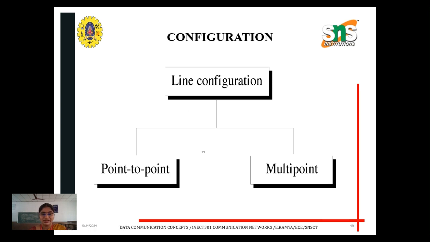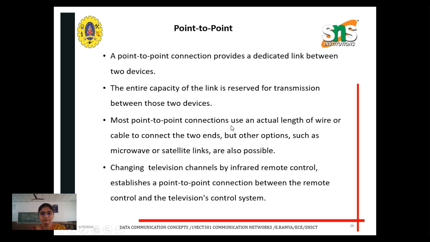Next, line configuration. We have point-to-point communication and multipoint communication. Point-to-point communication provides a dedicated link between two devices. The entire capacity of the link is reserved for transmission between those two devices.